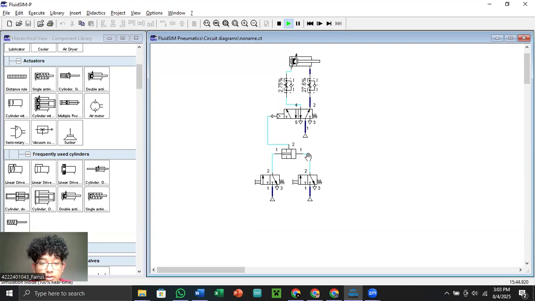This component only allows air to pass through if both inputs receive air pressure simultaneously. Therefore, both push buttons must be pressed at the same time to allow the air to continue through the circuit, like this.